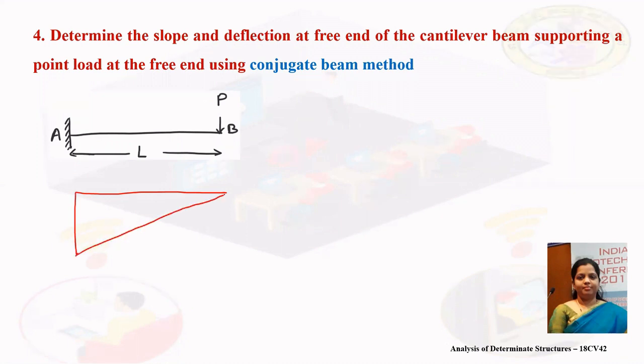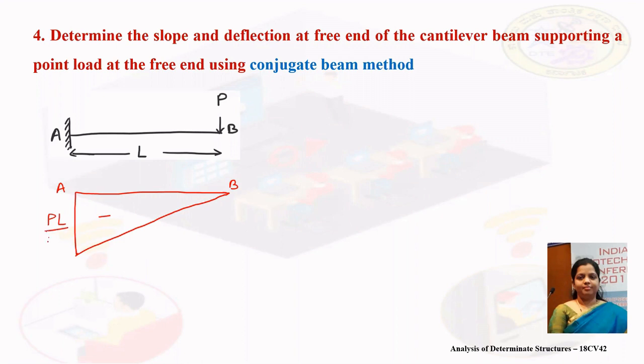The bending moment diagram will be a triangular shape in the sagging portion. So bending moment will be P into L. Now we need to draw the M by EI diagram. M is P into L divided by EI, the flexural rigidity of the beam.